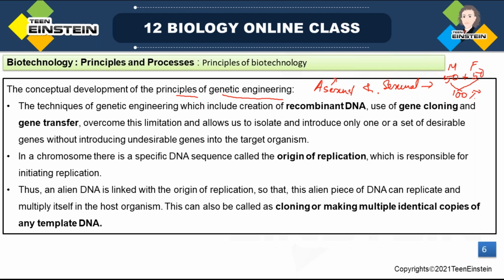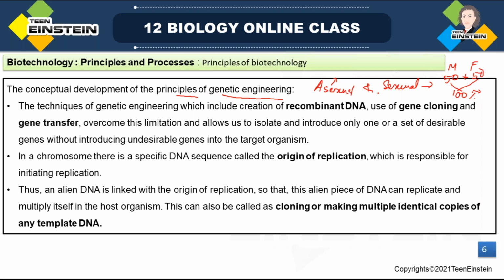Whatever character is there in the parent will be preserved. There won't be any changes. Exactly the same genetic information will go to the next generation. Other than slight errors and small variations, there won't be any change in asexual reproduction.